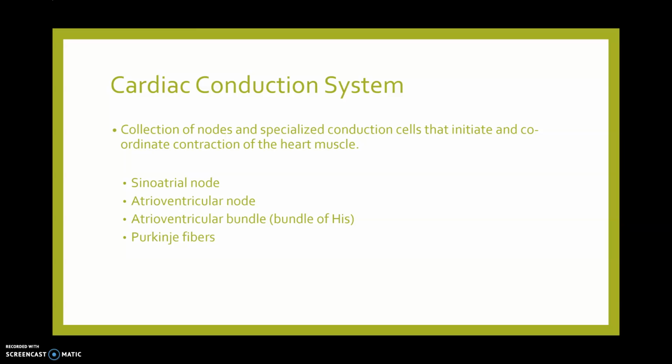Our heart has its own electrical system separate from our nervous system, and that consists of the sinoatrial node, or the SA node, the atrioventricular node, or the AV node, the atrioventricular bundle, or the bundle of His, and then the Purkinje fibers.